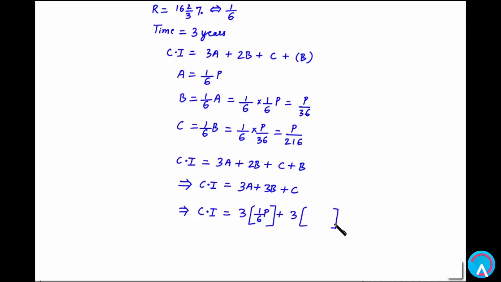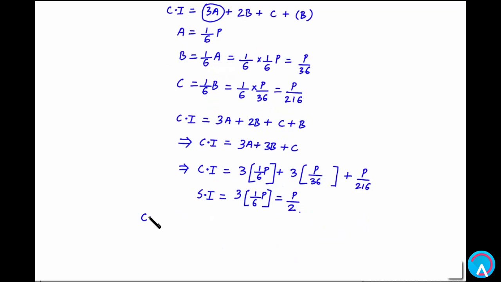In place of b, we can write p by 36, plus c. In place of c, we can write p by 216. Also, simple interest here will be equal to 3a, so that will be equal to thrice of a. So a is 1 by 6p, equal to p by 2.